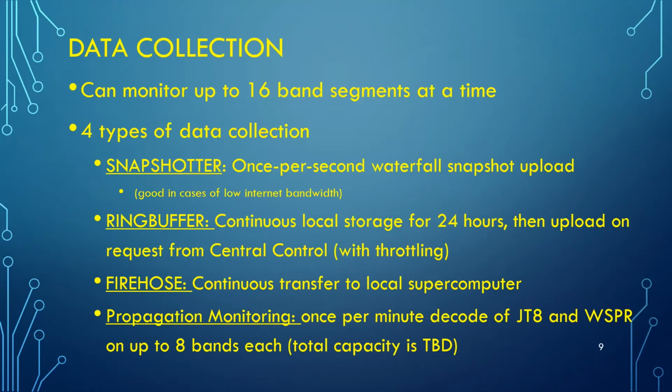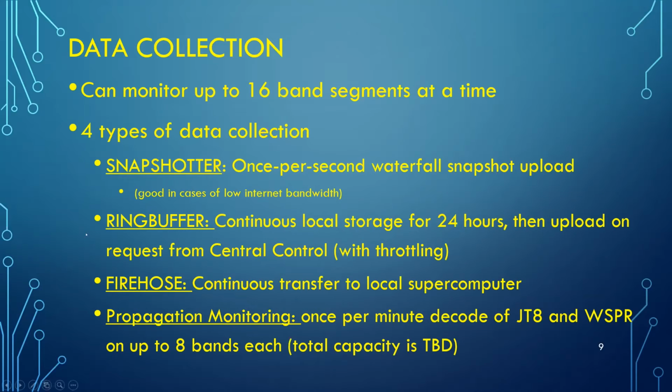That is a once per second waterfall snapshot of the FFT, that is the spectral content of one of the channels. That is good if you have low internet bandwidth. We know that a lot of home users especially are very limited on how fast a data rate they can upload. So if you have that situation, the snapshotter is what you would probably use for data collection.